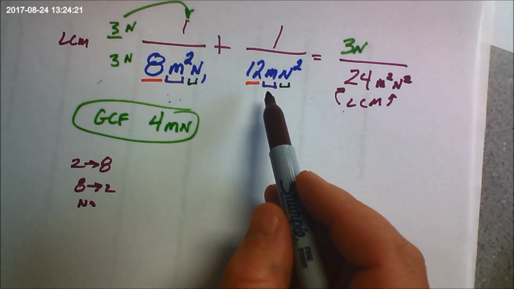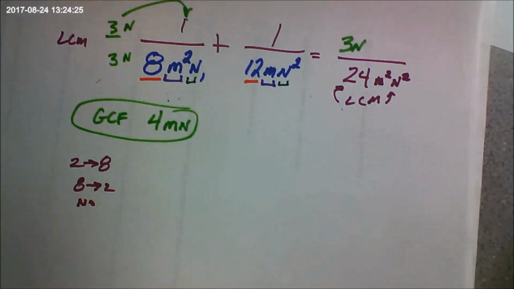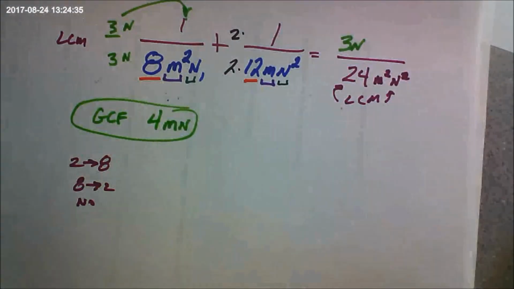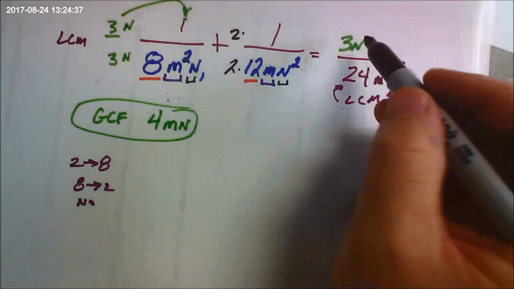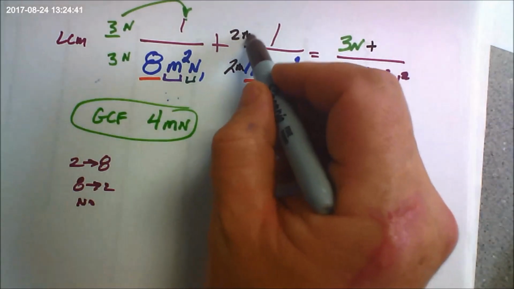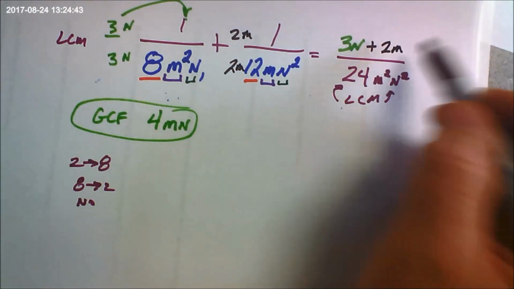What, Ryan? Ryan says 2. Ryan, were you bitten by a radioactive math spider? How did you know that? Because 2 times 12 is 24, right? Jesus, do you see how he got 2? So that would be 2. Okay, and then m. That's it.